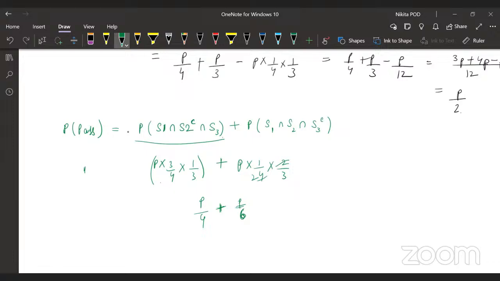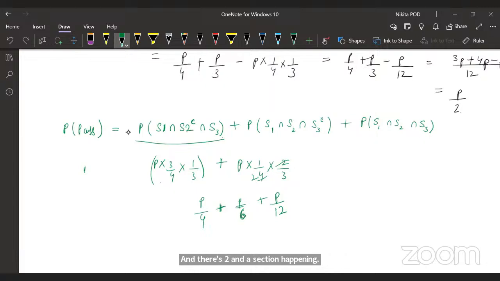That is missing here, because we are not considering the case when the student passes all the 3 sections. Yeah, so we have to add that one also. So you need to add S1 intersection S2 intersection S3. That will give you P by 12.